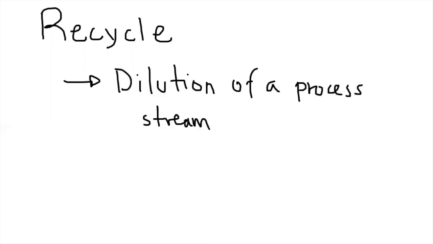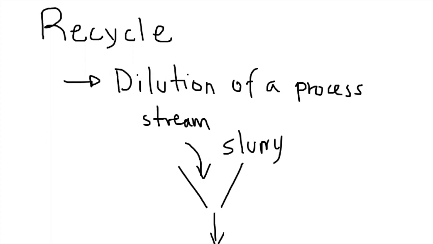We can also do the dilution of a process stream. Let's say that we're going to have a filter, okay? And we're going to input some slurry, so that in any given case, we're going to obtain something that is very, very liquid.